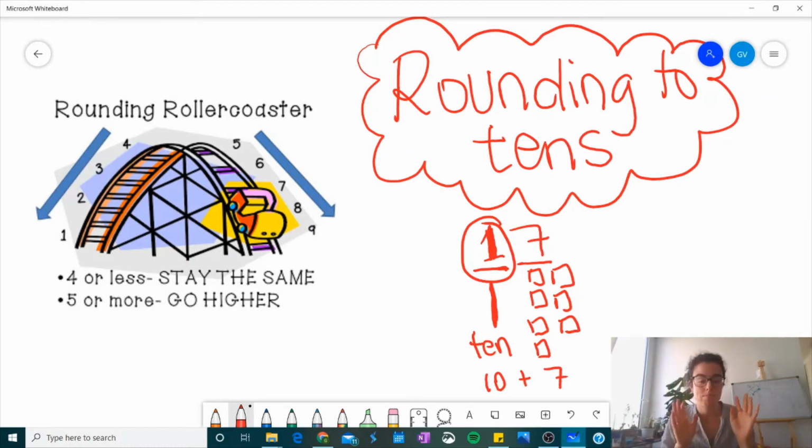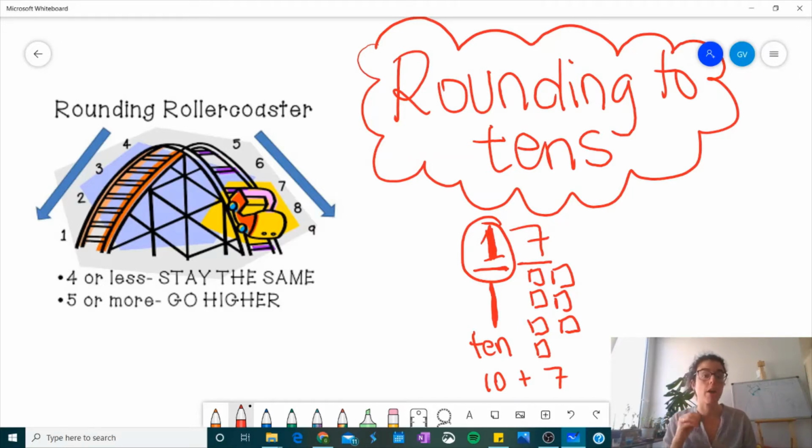I know, guys, it's all a little confusing, but rounding is used to make an estimate. What is an estimate? Yeah, an estimate is like a guess, but not a random guess. Okay, an estimate is an educated guess.